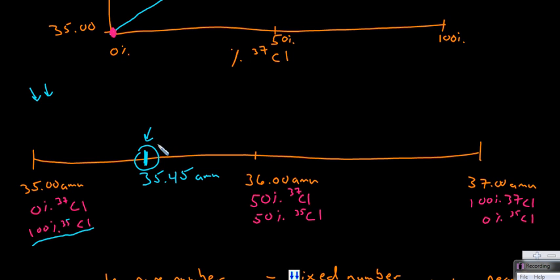This mixed number is much closer to chlorine-35 than to 37, and so you should presume that you have more chlorine-35 than chlorine-37. Just like you recall, when our weighted average atomic mass of carbon was 12.01 atomic mass units, you could presume that there was much more carbon-12 than carbon-13 around the Earth. You can do a similar thing with chlorine here.